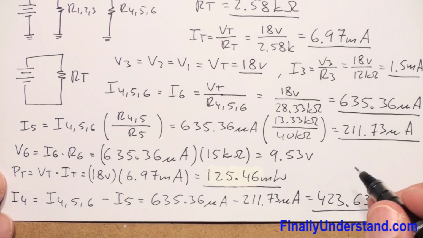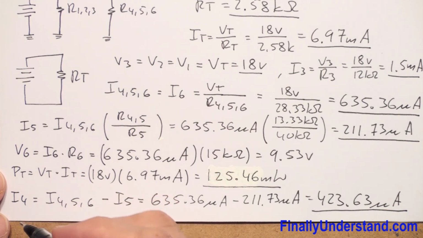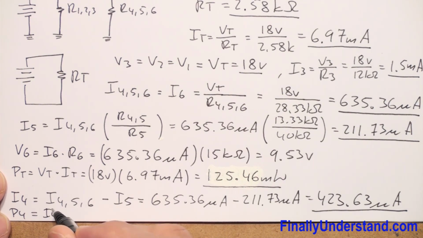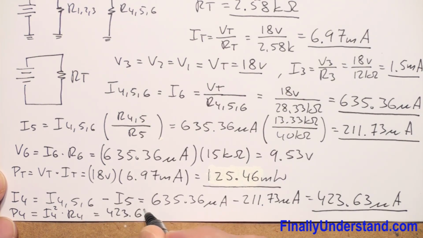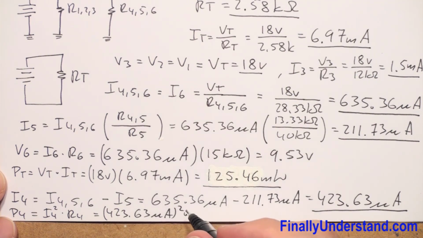Now, if you want to find the power at this resistor, power at resistor 4, P4 is equal to I4 to the second power times R4. This is equal to 423.63 microamps raised to the second power times R4.